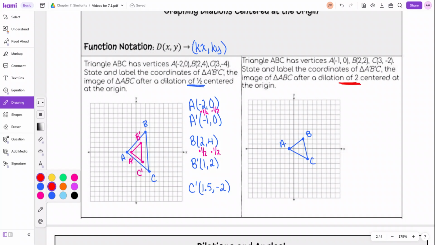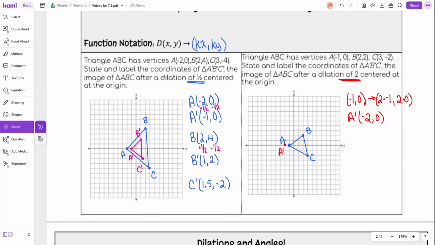So that means that our coordinate for A, -1, 0, would become 2 times -1 and 2 times 0. So that means that A prime would be -2, 0.